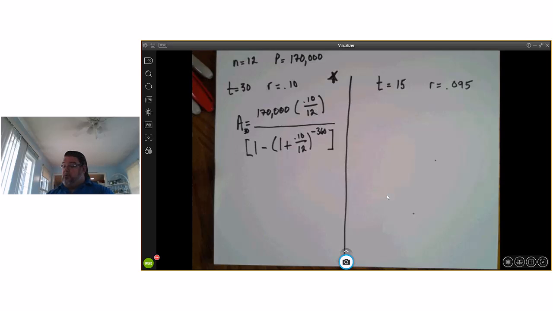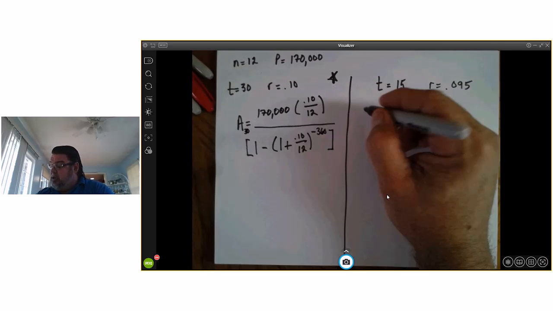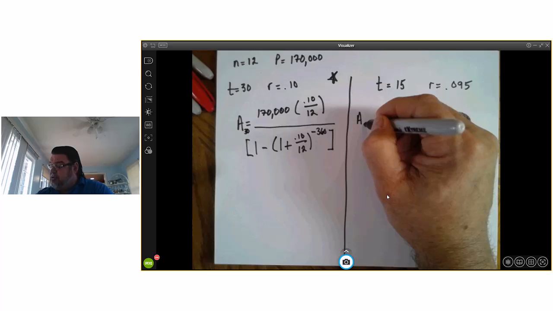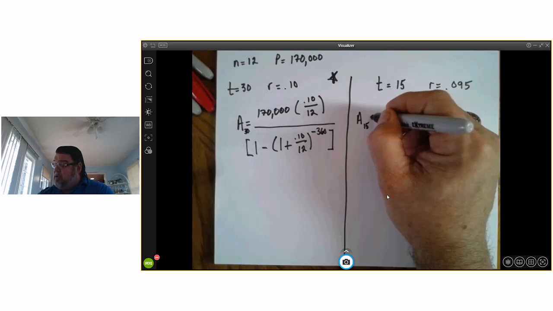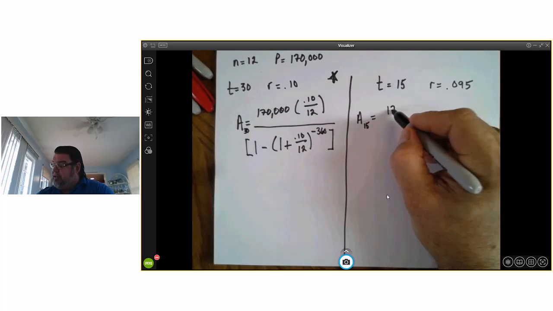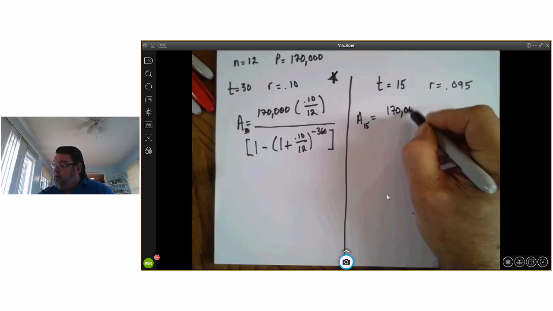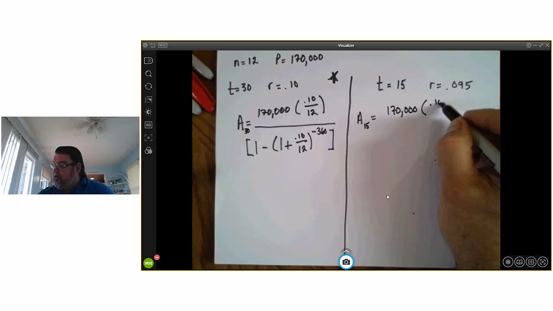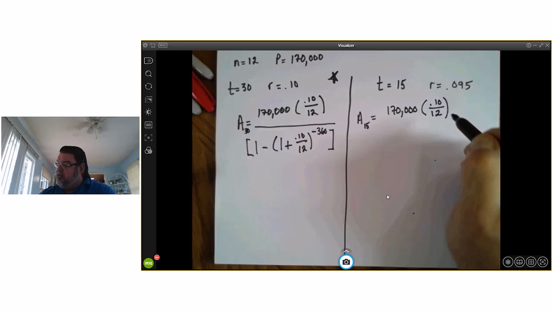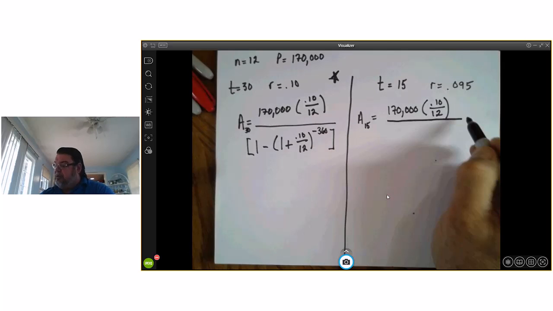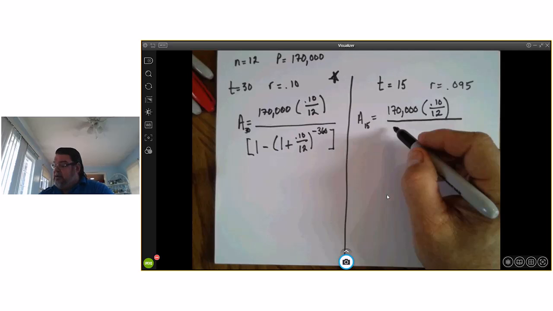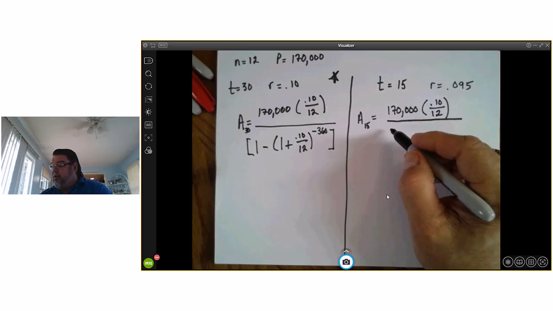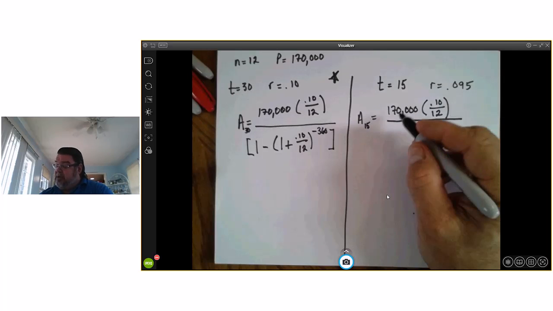So now we're going to do A of 15 years. That's going to be 170,000 parentheses 0.10 over 12. Now I'm writing this as I'm speaking. So if you want to feel experimental, try to count how many seconds it is before I write something down.